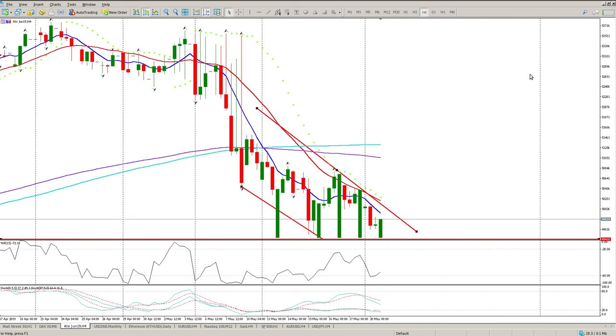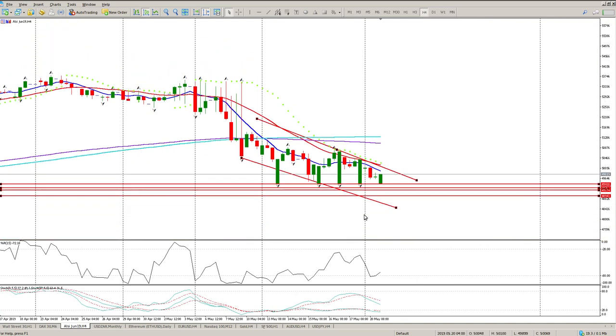So if I come back here, you'll see the congestion here, hard to ignore these green bars, but we haven't quite tagged this first level yet, which is 49,420. So that's the level I'm pretty much looking for at the moment. We need to come down and tag this area and build a base out of here.